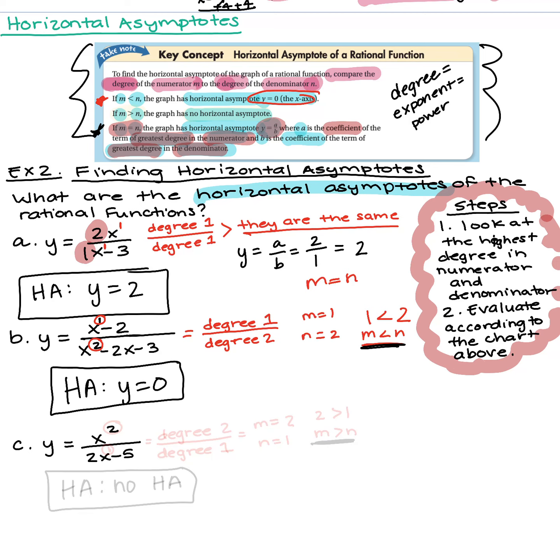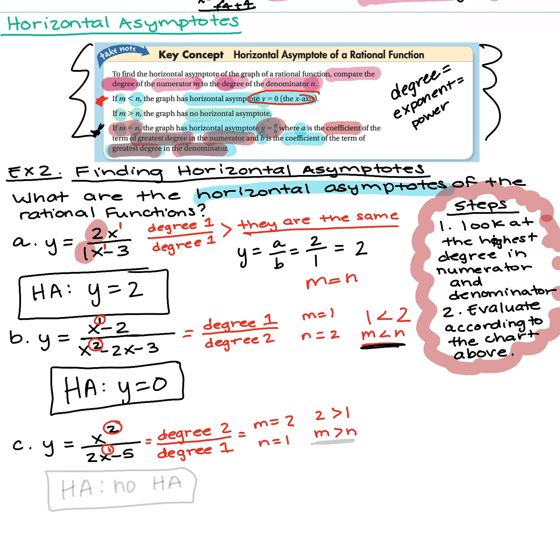Okay, now let's do the third example. Well, here my degree is 2 over a degree of 1. So that means that m is 2, n is 1, so 2 is greater than 1, so m is greater than n.